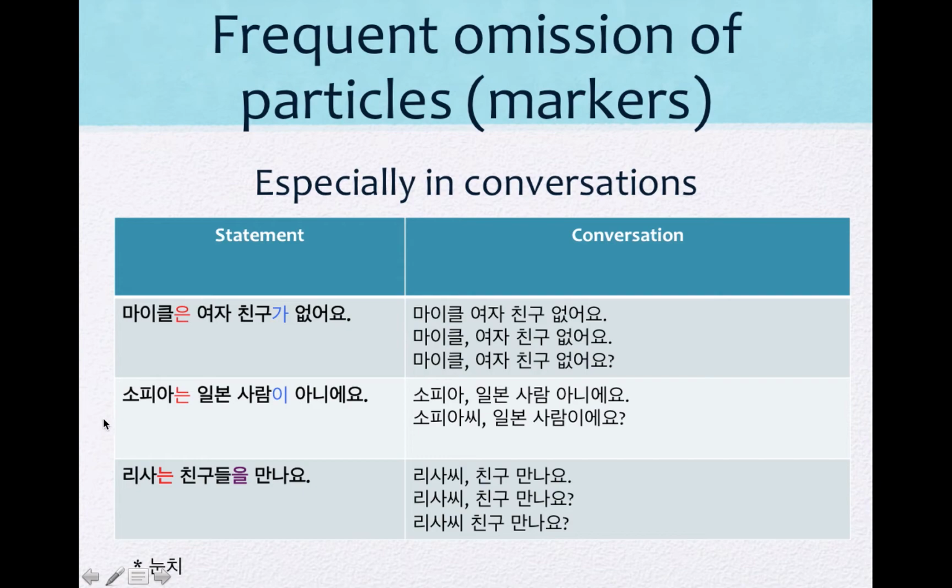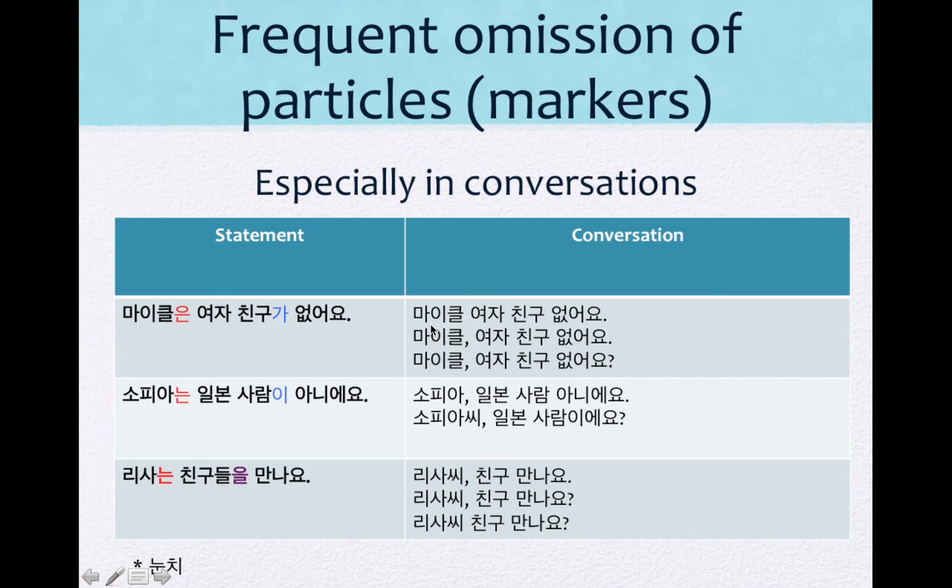So for example, 마이클은 여자친구가 없어요. When it comes to Michael, he doesn't have a girlfriend. You could say 마이클 여자친구가 없어요. No particles whatsoever. 마이클 여자친구 없어요.